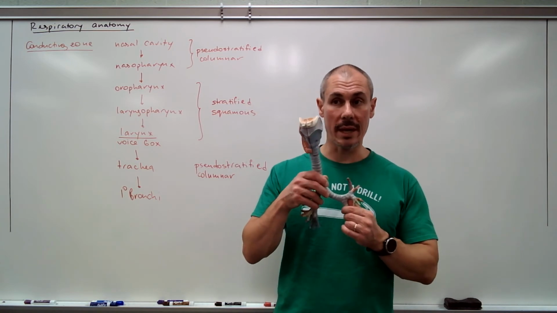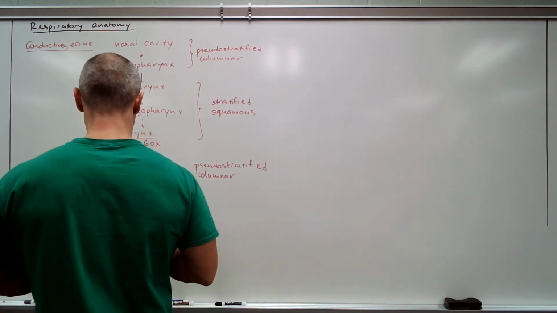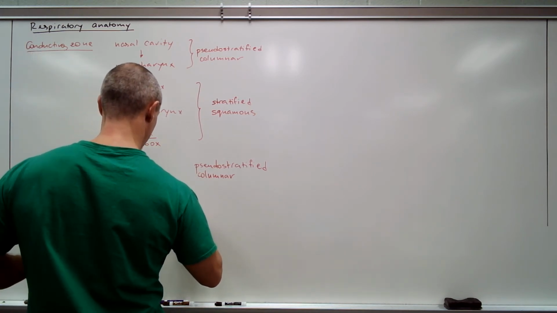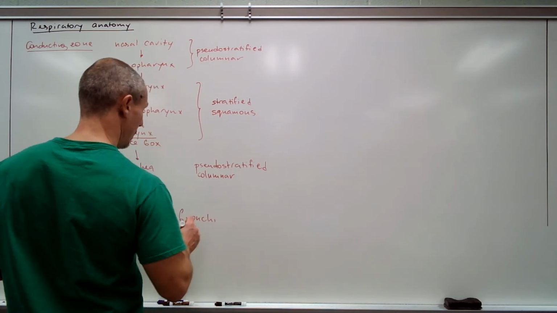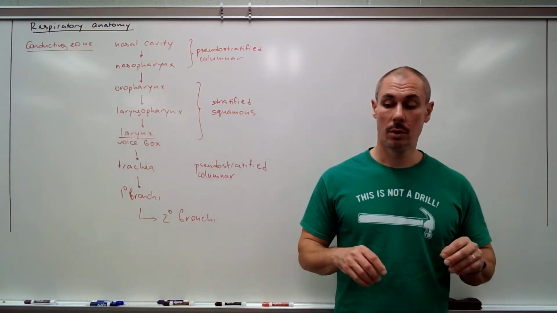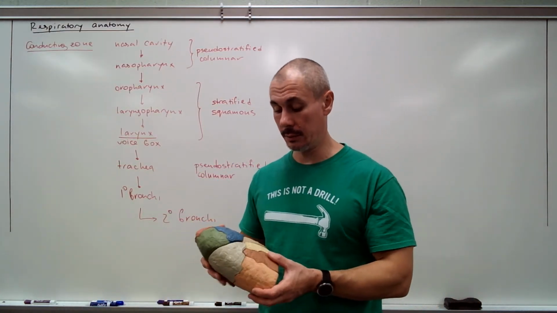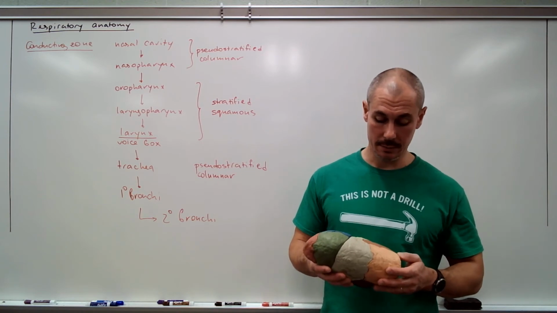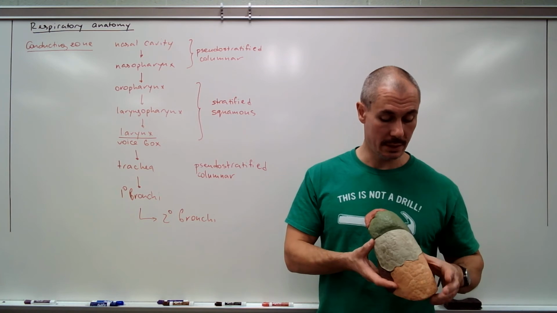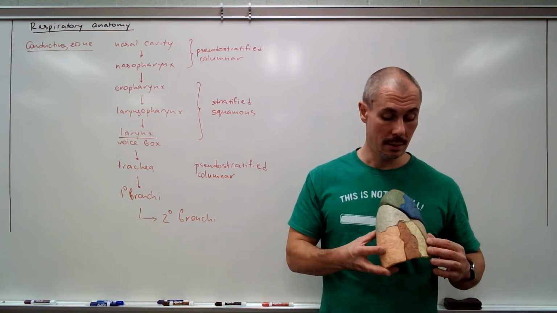And each primary bronchus separates into secondary bronchi. Secondary bronchi feed into the lobes of the lung. Okay, does that make sense? It's actually mixed up. It's a left lung, obviously. So they feed into the lobes of the lung, right? Am I clear?